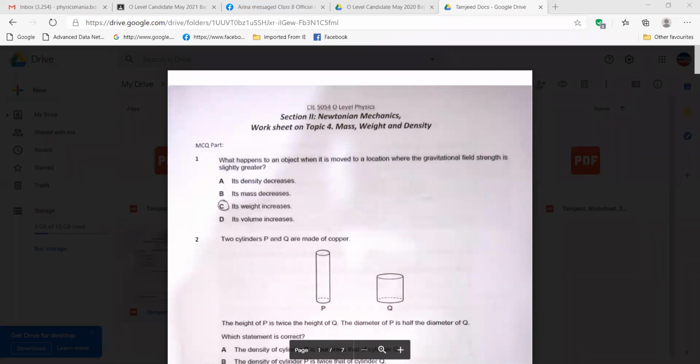Worksheet 4, advanced worksheet 4. This one. What you are seeing now is the worksheet, right? Yes.